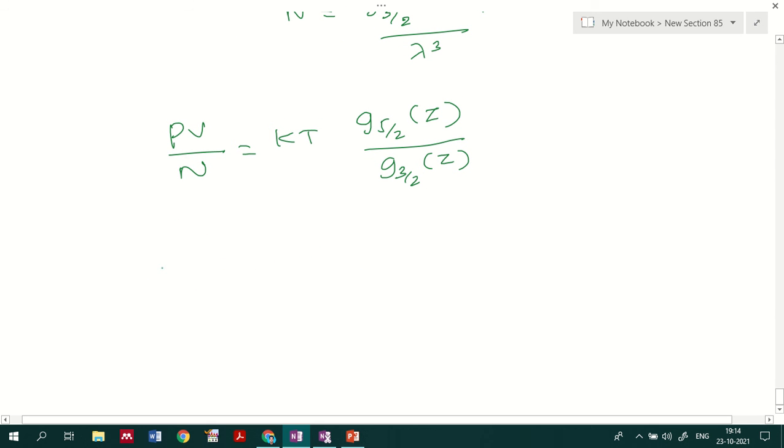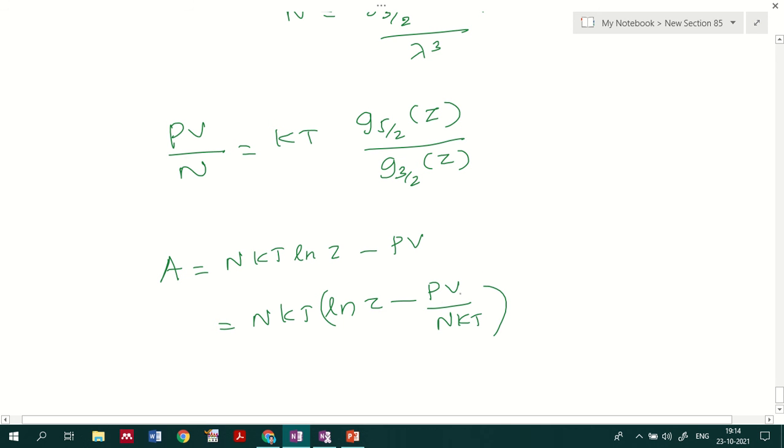Again, the Helmholtz energy A equals N kT ln z minus PV. If I take N kT outside, you'll have ln z minus PV by N kT. What is PV by N kT? From this representation, PV by NkT equals g_{5/2}(z) divided by g_{3/2}(z), that is in terms of the Bose-Einstein function. So I can substitute this PV by N kT over here.